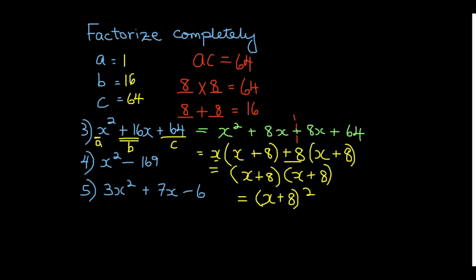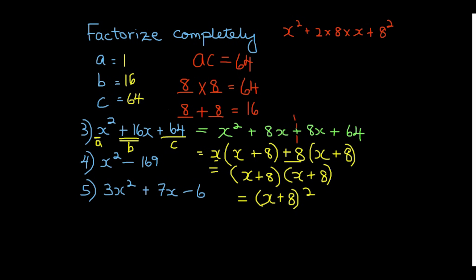And like I was saying, for people who would have been able to recognize it as a perfect square from the beginning, a shortcut way would be something like this. So if you notice, it is x squared plus 2 times 8 by x plus the 8 squared.